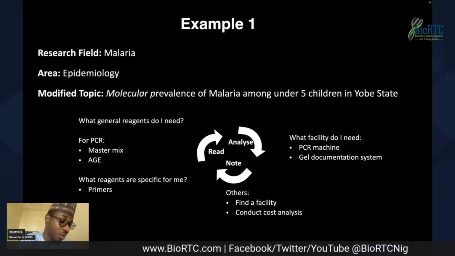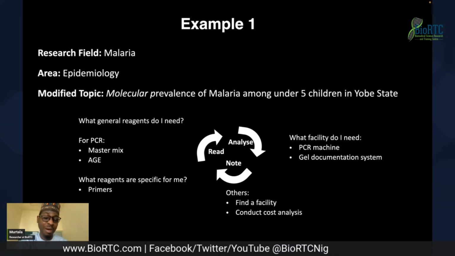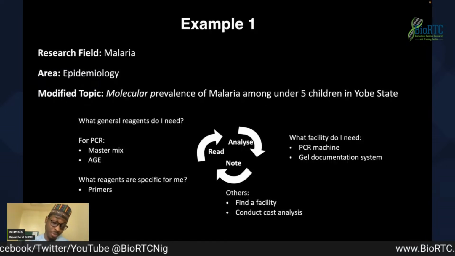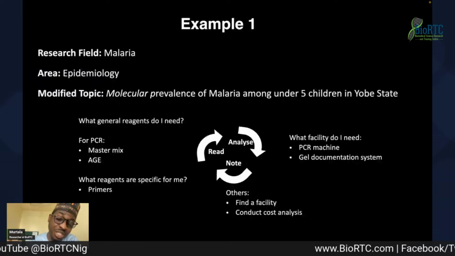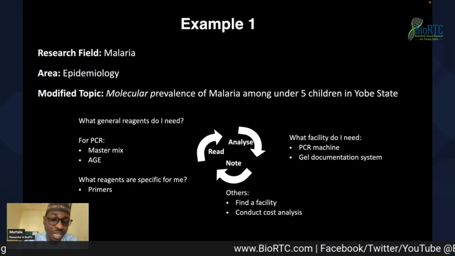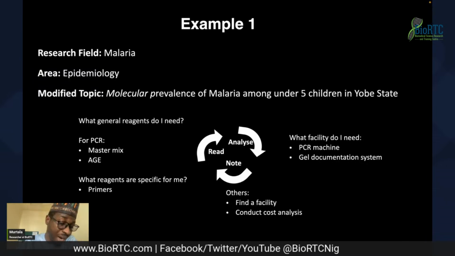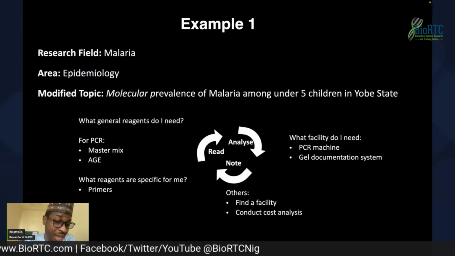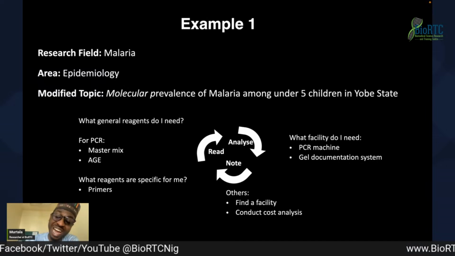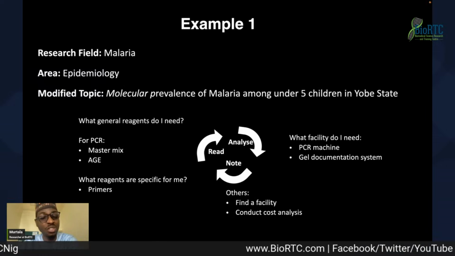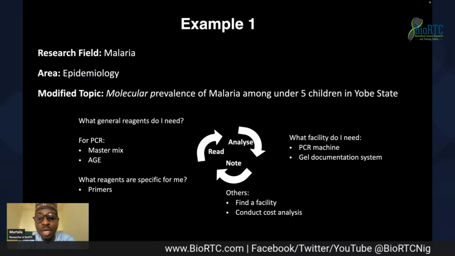They just know that they want to run molecular work, but they have not narrowed down and mapped out the reagents they need. Somebody in the center who is not working in your research may not know what primers are suitable for you, say, for profiling of bacteria species. If somebody is not working in bacteria, they may not know which work best compared to which. So these are some of the things you really need to know.